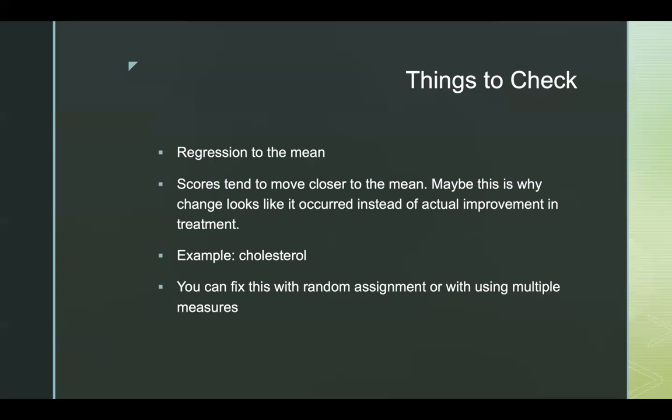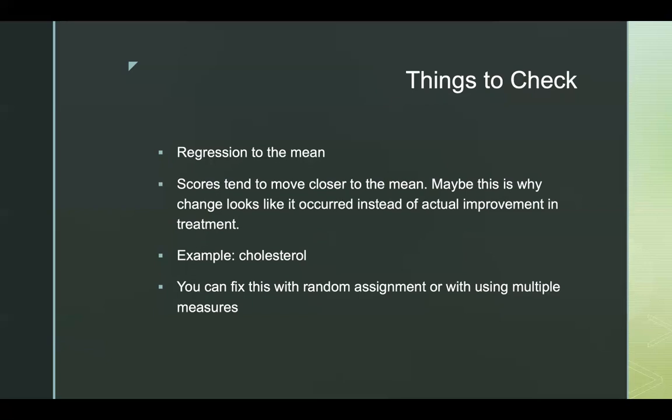And what if most of the time it's like 175? Or, maybe there's not that much variability in cholesterol, but there might be that some of those scores are a little bit out of bounds because it's an anomaly. And then when you measure them again, that movement is not due to your intervention. It's just due to the fact that that score was an anomaly.